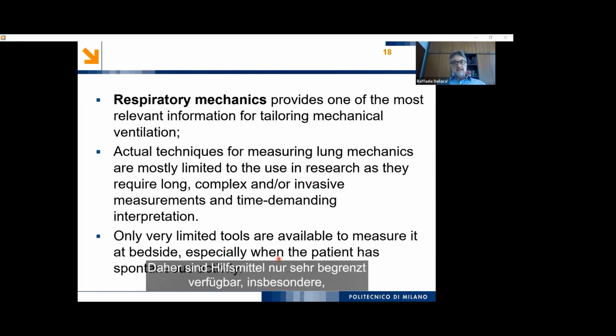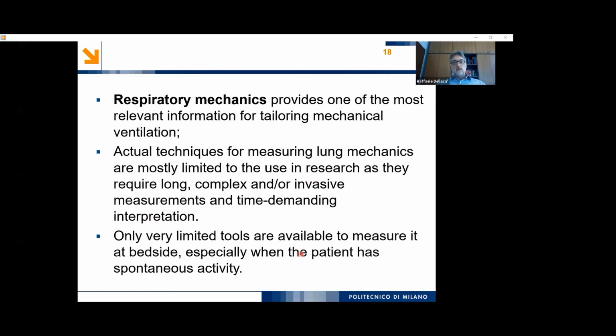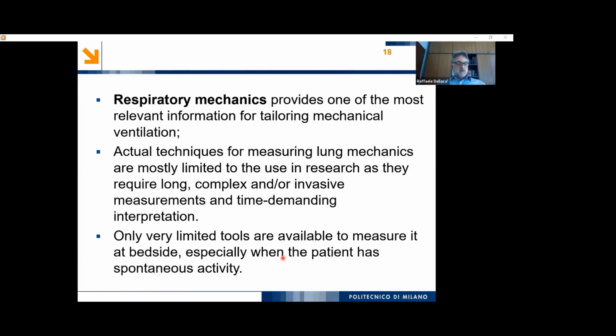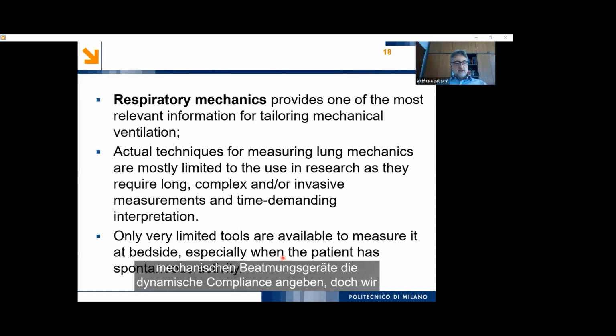Therefore, only very limited tools are available, especially when the patient has spontaneous activity. We know that all mechanical ventilators report dynamic compliance, but we also know that when the patients have spontaneous activity, the numbers, unfortunately, are unrelated.